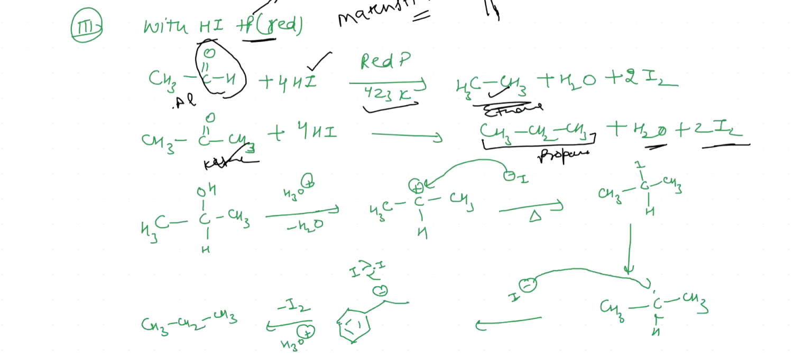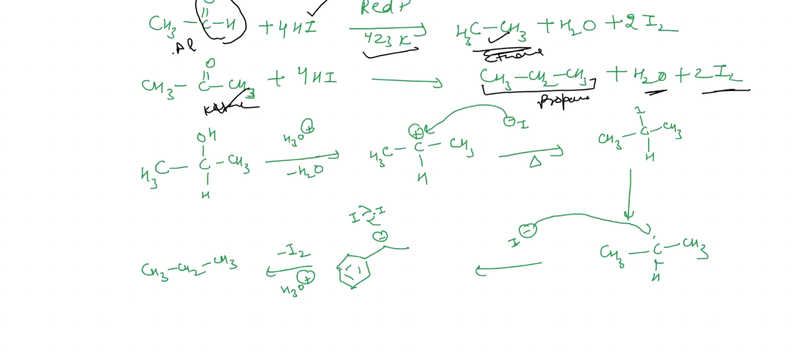Okay. So first of all, these aldehydes and ketones are converted into their respective alcohols. Then this OH group is eliminated as a water molecule. Upon elimination, it forms the carbocation. Thus, the reaction of phosphorus and HI produces I negative as nucleophile.